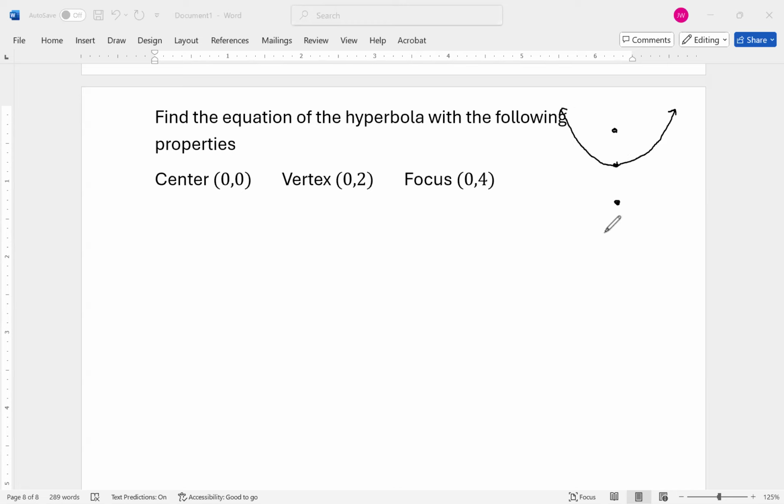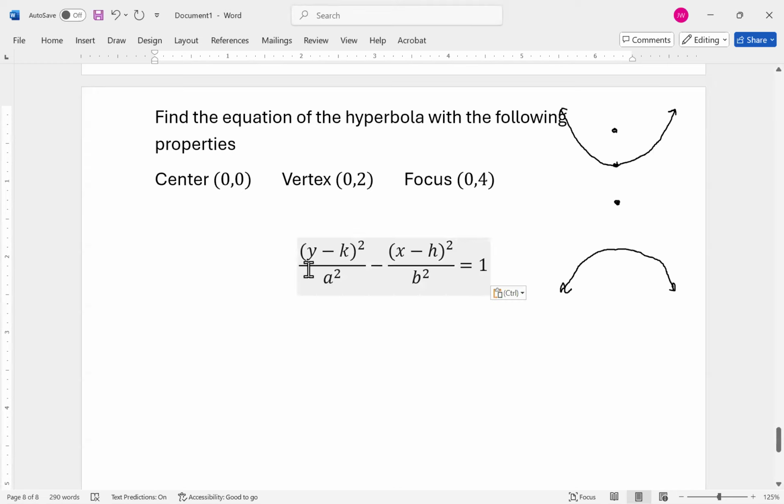The direction of the hyperbola is going to be pointing up and down roughly. And so if I know that, then I know I'm going to get this equation, the one where the y squared is the positive part and the x squared is the negative part.